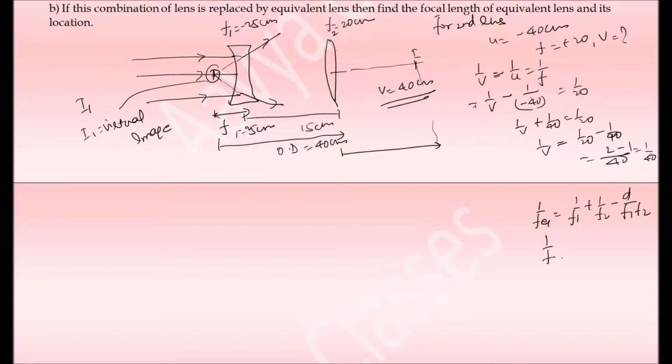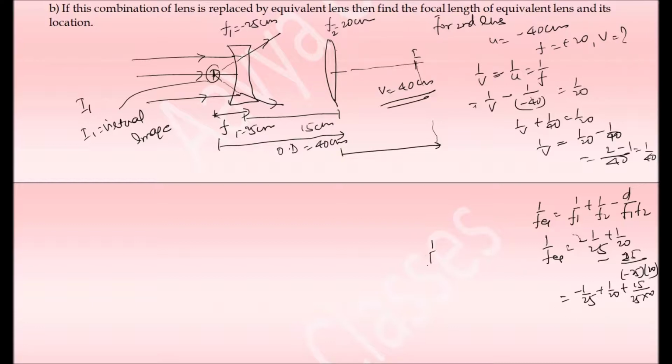So clearly 1 by f equivalent is equal to 1 by f1. f1 comes with a negative sign, so 1 by minus 25, plus f2 comes with a positive sign, 1 by 20, minus d, which is 15, divided by f1 f2, minus 25 into 20. So it's minus 1 by 25 plus 1 by 20 plus 15 by 25 into 20.